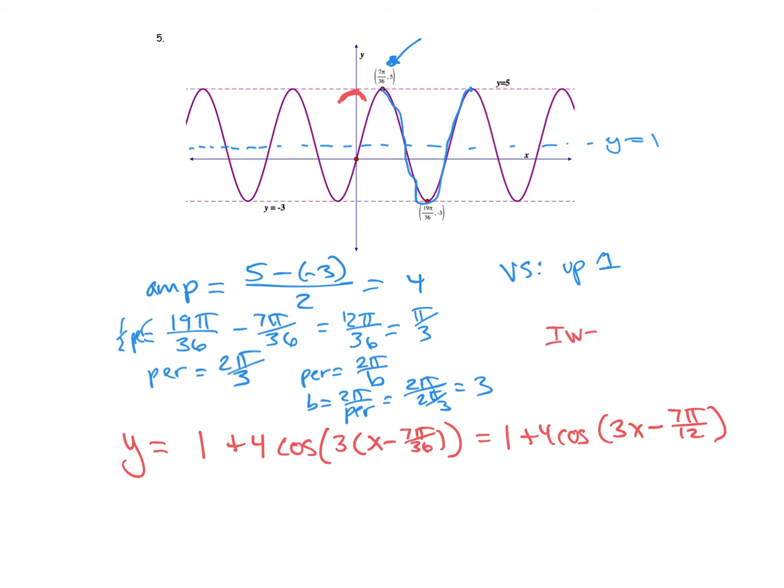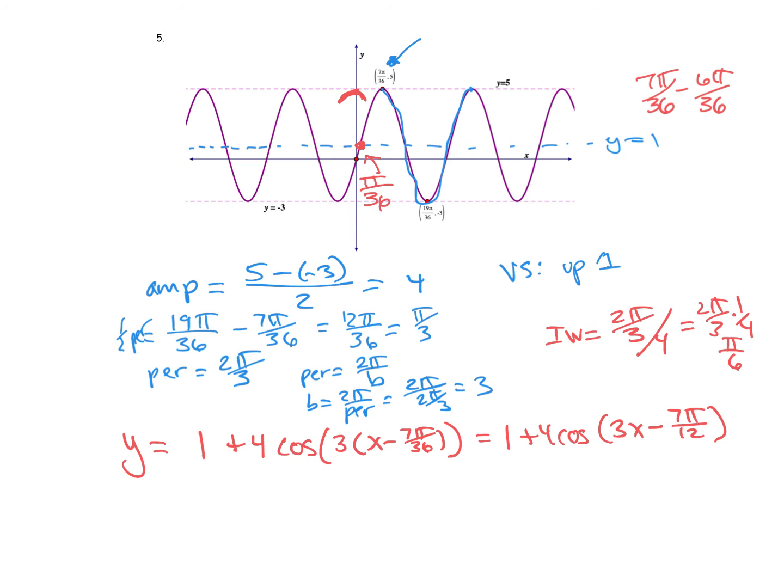So the interval width is 2 pi over 3 divided by 4, or 2 pi over 3 times a fourth, which will be pi over 6. If that's the case, I can find this point right here by taking 7 pi over 36 and subtracting pi over 6. So 7 pi over 36 minus 6 pi over 36 is just going to be pi over 36.